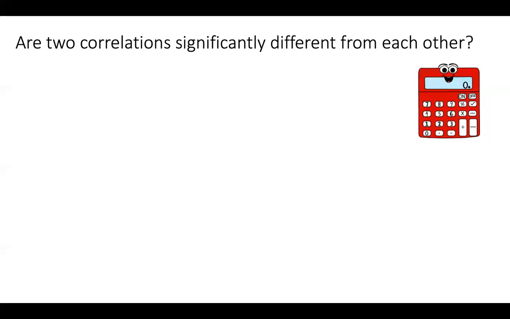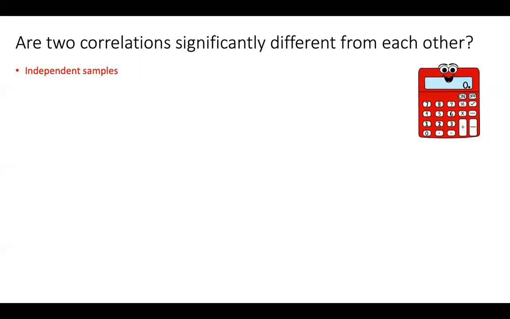Or it might not be true. You have to test that. In the same way that you have to test how likely it is that the correlation coefficient is significantly different from 0, you also have to test whether two correlation coefficients differ significantly from each other. One being significantly different from 0 and the other one not does not give you the answer to that question.